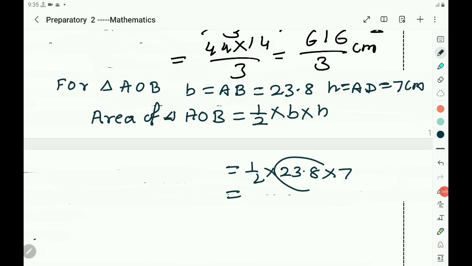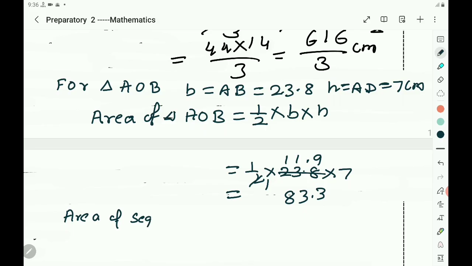Divide 23.8 by 2, which is 11.9. Then 11.9 into 7: 9 sevens are 63, 6 carry. 7 ones are 7 plus 6, 13. 7 ones are 7 plus 1, 8. So 83.3.